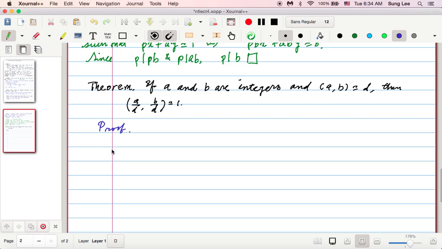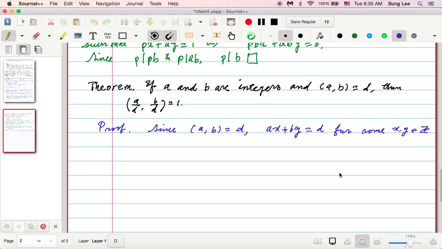Proof. Since the greatest common divisor of A and B is equal to D, we know AX plus BY equals D for some integers X, Y. As a matter of fact, this is by the very first theorem of this lecture.